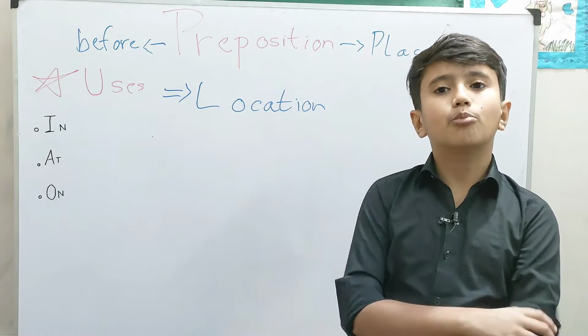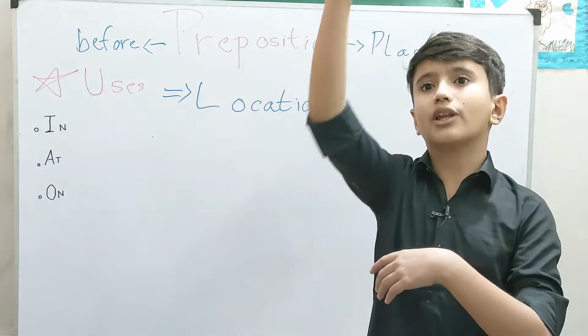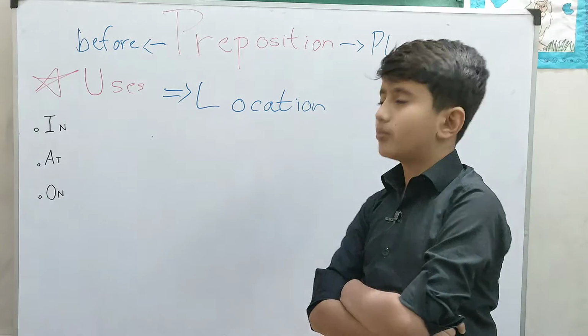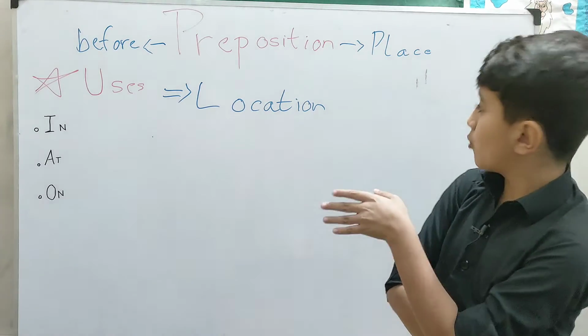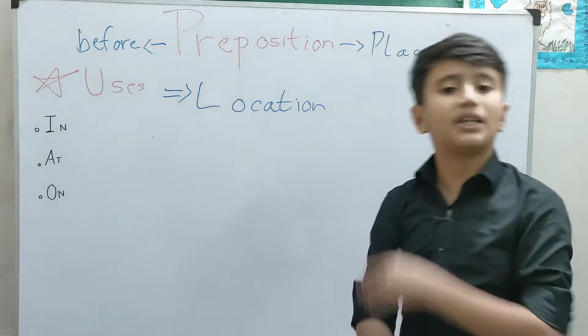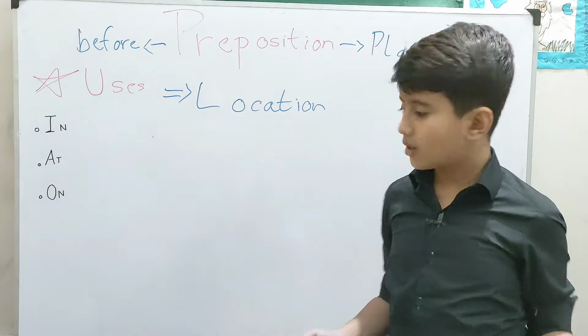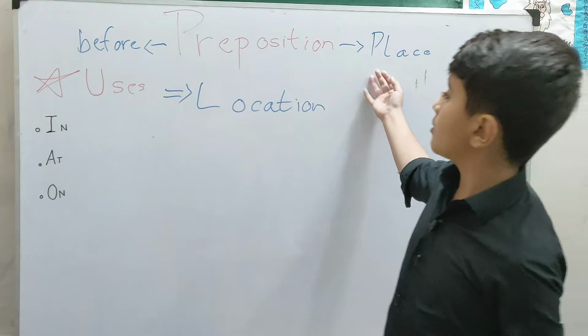Lots of people think that pro means the one who's very good, and pre means the one who is very bad. But actually pre means before, and position means your place. Go to that position. That's your place. So preposition: before the place.